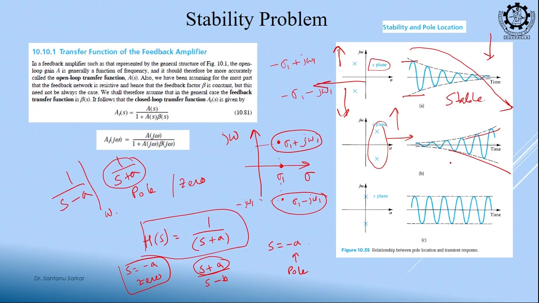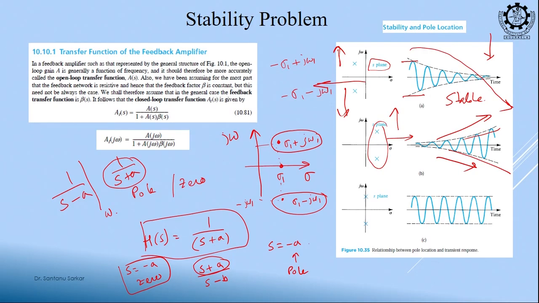But in this case, it may happen that positive feedback keeps on increasing the output, right, and it will go beyond your limit. With a bounded input you are getting output crossing the boundary. So that is the definition of stability. Clear?